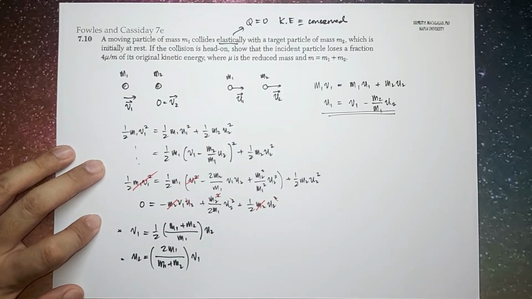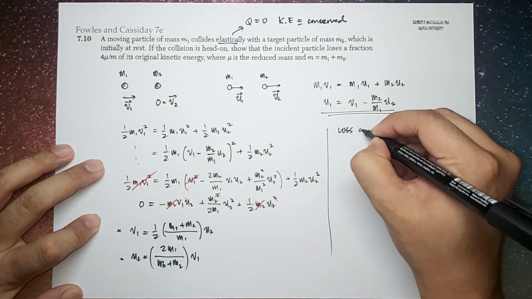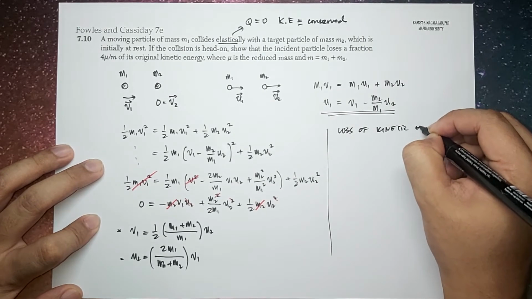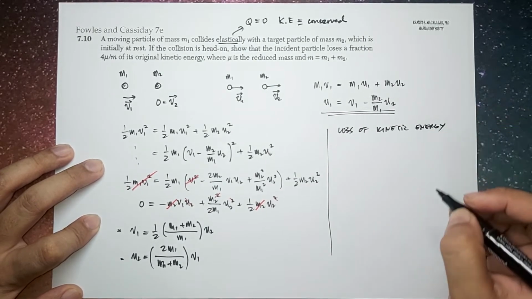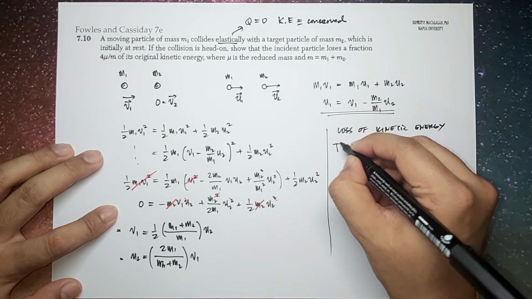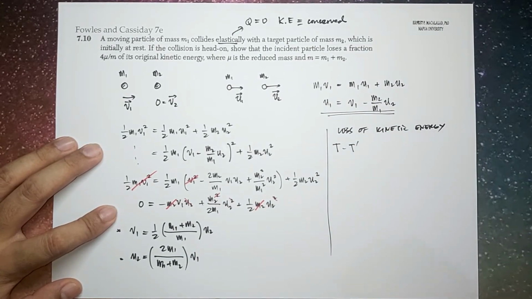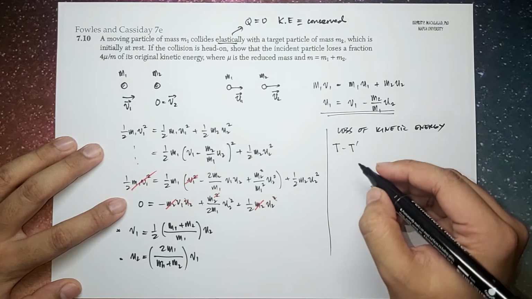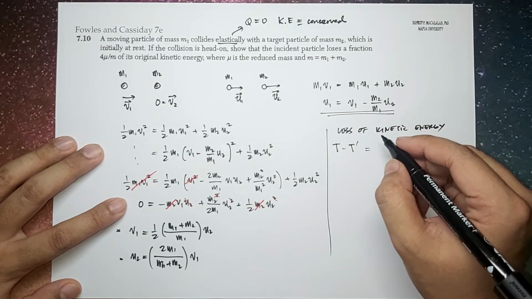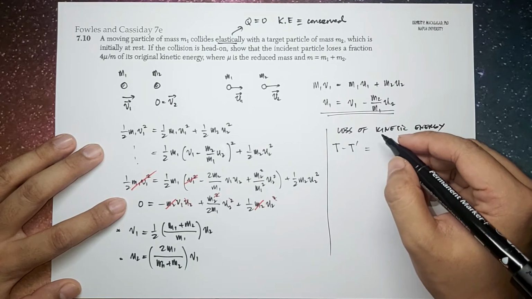Okay, now to calculate the loss of kinetic energy, we have to calculate the kinetic energy before minus the kinetic energy after, and this is transferred to the kinetic energy of the other particle.